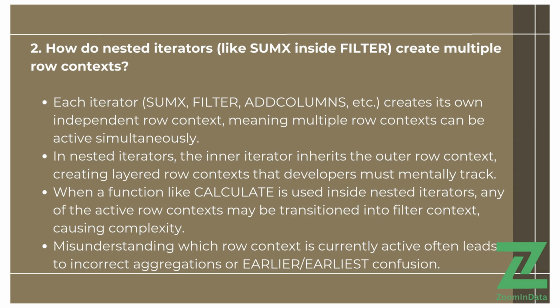In nested iterators, the inner iterator inherits the outer row context, creating layered row contexts that developers must mentally track. When a function like CALCULATE is used inside nested iterators, any of the active row contexts may be transitioned into filter context, causing complexity. Misunderstanding which row context is currently active often leads to incorrect aggregations or EARLIER confusion.